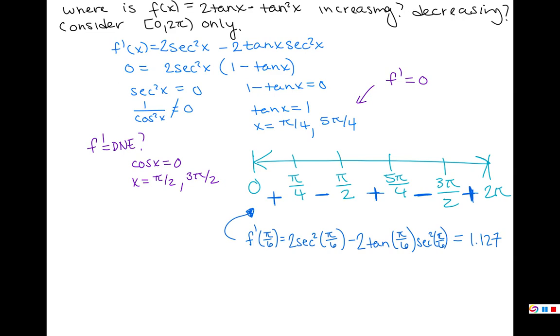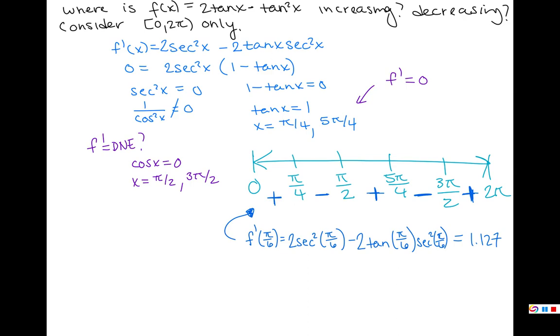I didn't write down what they were, but if I was picking something between pi over 4 and pi over 2, I might pick pi over 3, or 60 degrees. And when I put that into my calculator, I got a negative. And then I picked something between pi over 2 and 5 pi over 4.